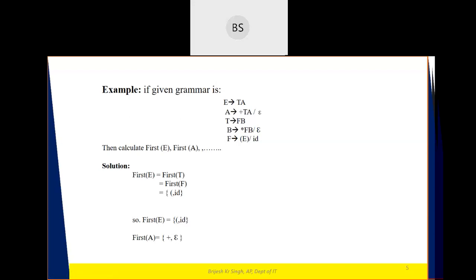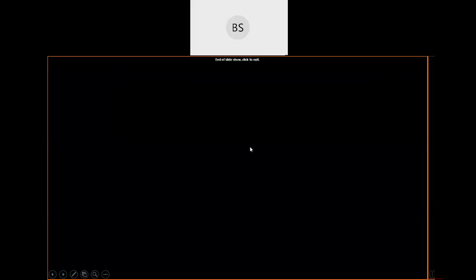Opening parenthesis. Then if you consider the production F produces id, in that case FIRST of F will be id.